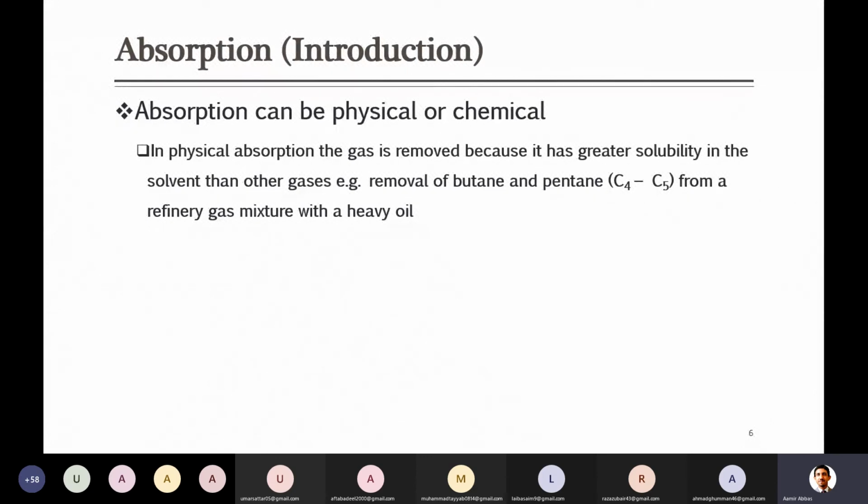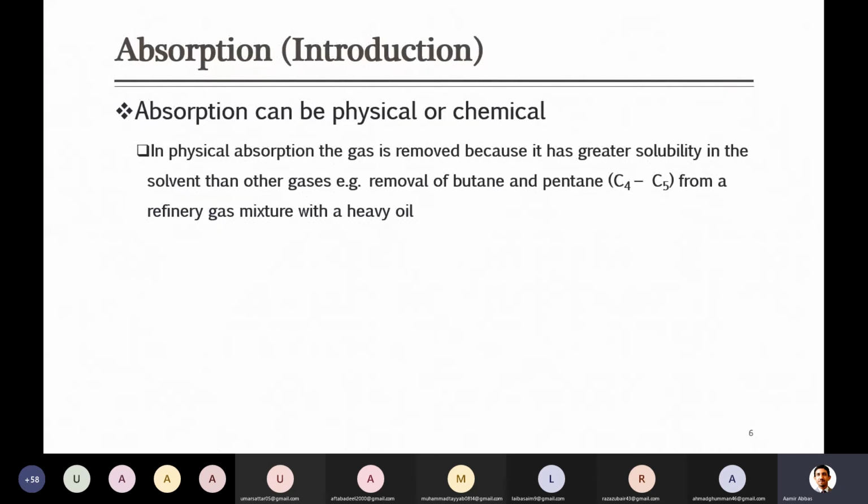When something has affinity towards the liquid, it develops these weak forces with that liquid and gets removed from the gas stream. For example, here mentioned are butane and pentane. They are somewhat lighter hydrocarbons, and they are removed from the refinery gas mixture with the help of heavy oil.